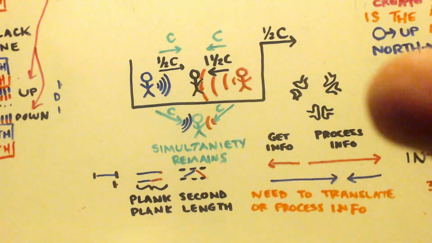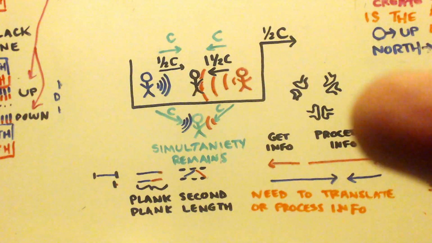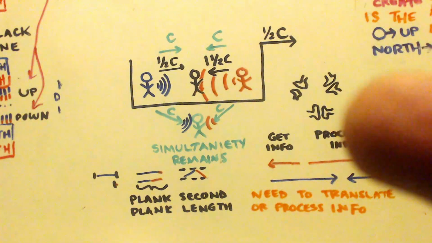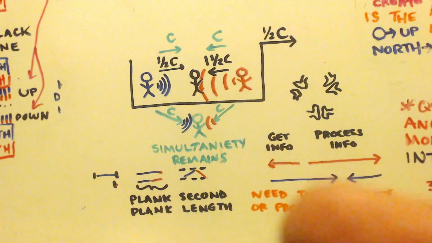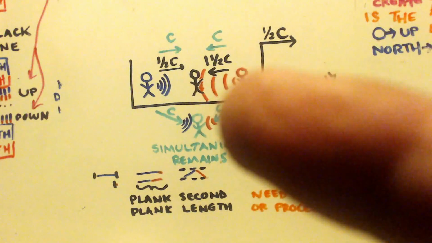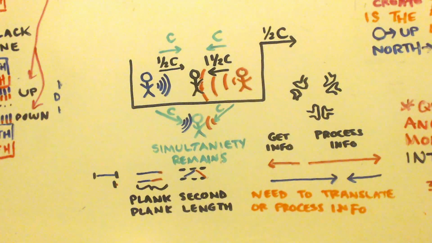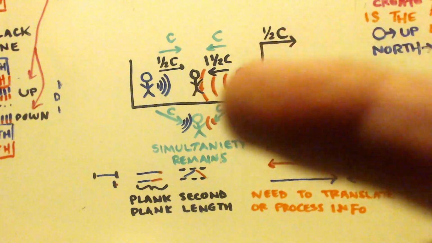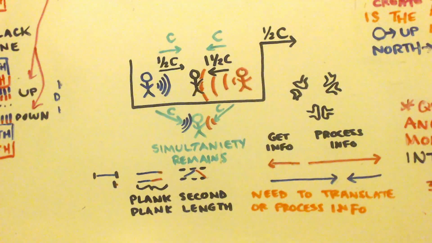Because they could be oriented any which way. So the only way to offset that is to go by two-way communication. If you do that, your Planck length, it doesn't matter. This guy gets hit first by the light, but his brain, working in these different configurations, takes longer to process that.